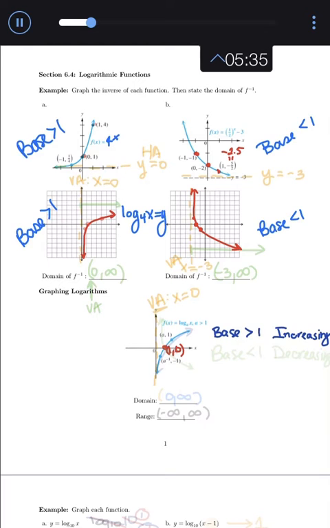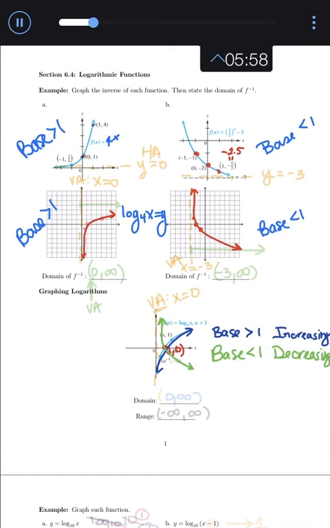And like I said, if the base is bigger than 1, we will be increasing. If the base is less than 1, though, just like before, we will be decreasing, which means it will look something like this instead.